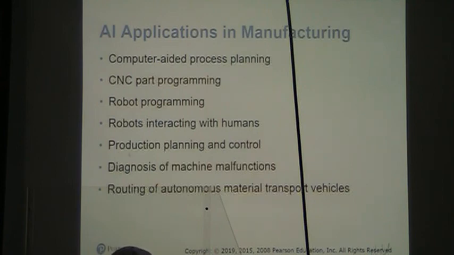We can have production planning and control, diagnosis of machine malfunctions, and routing of autonomous material transport vehicles. Although usually these are called AGVs, or automated guided vehicles.